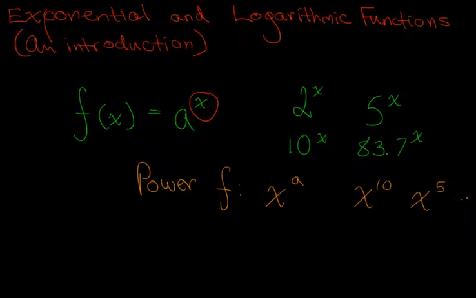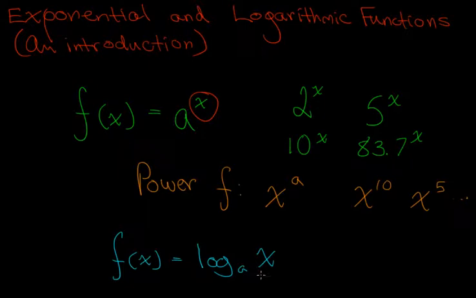Key thing there. Logarithmic functions are the inverses of exponential functions, and you will see that really easily in the graphs when we graph both of those. So logarithmic functions are written like f of x is equal to log base a of x.